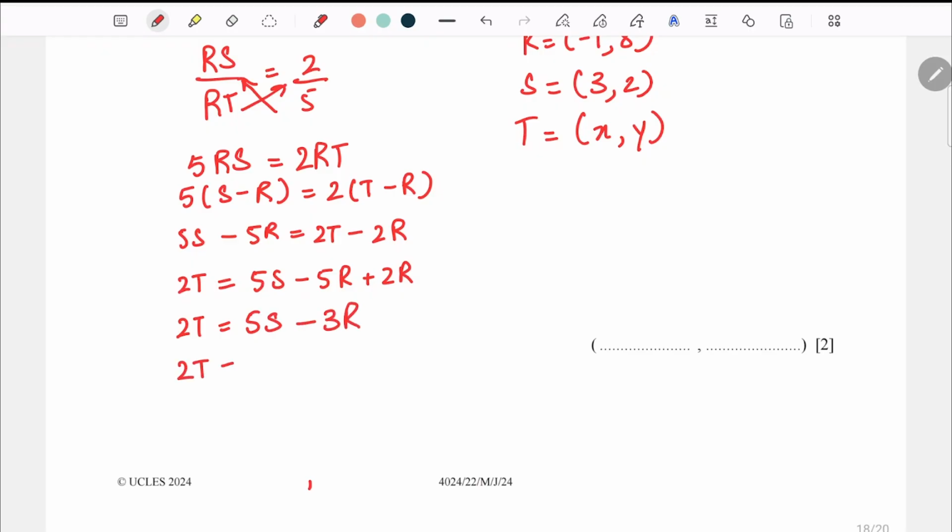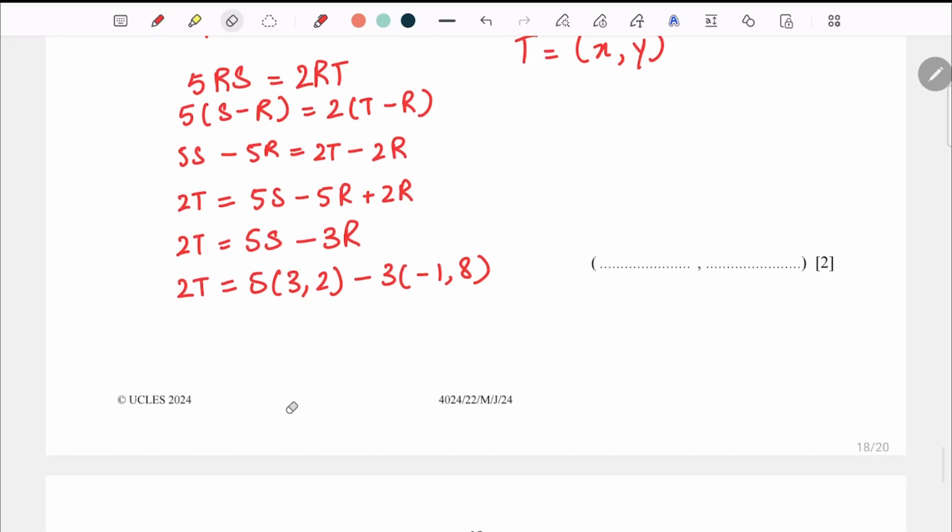The coordinates of S are (3, 2) and the coordinates of R are (-1, 8). So this will be (15, 10) minus (3, 3 into 8 is 24).